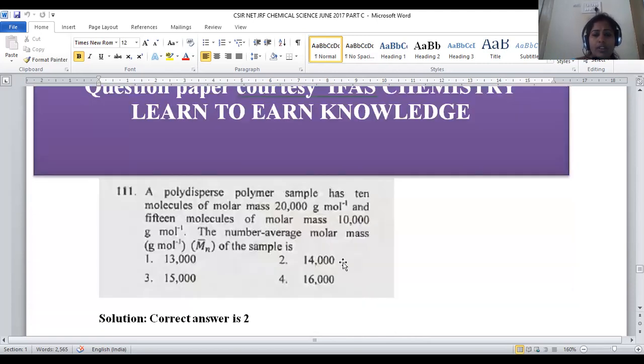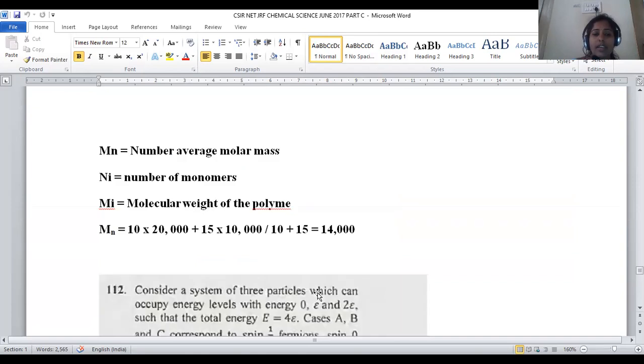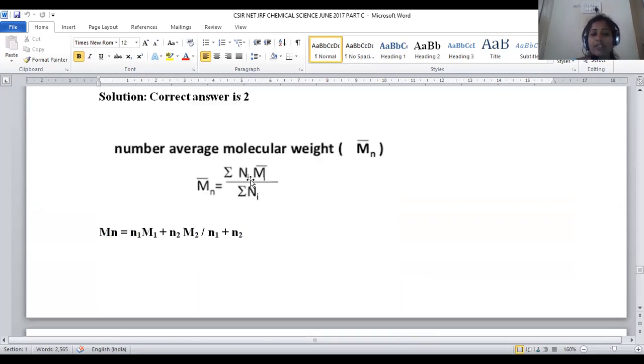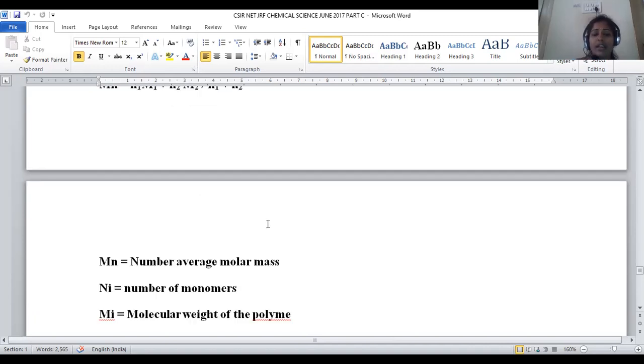Now, how many molecules are there? In the polydispersed polymer, 10 molecules have 20,000 and the remaining 15 molecules have 10,000. Okay, the number of molecules is 10 and their molar mass is 20,000, plus 15 molecules having molar mass 10,000, by N1 plus N2, nothing but 10 plus 15. So this will be the formula sigma Ni Mi by sigma Ni: number into molar mass by the number of monomers we are adding in the polymer formation, right?